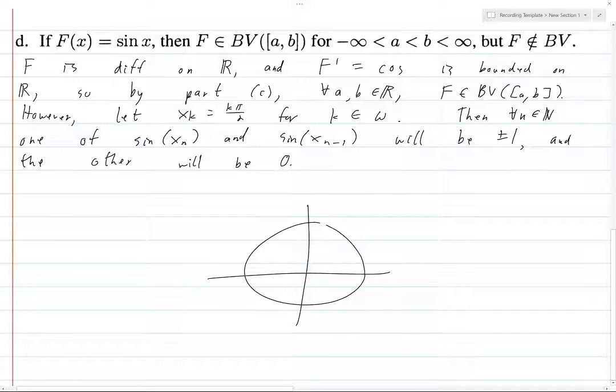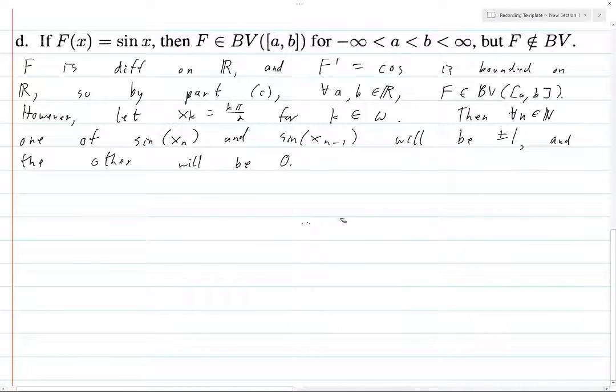So we're going to start at 0, and here the y-coordinate is 0, so sine is 0, then 1, 0, minus 1, 0, 1, 0, minus 1. We're going to keep going around. And so if you pick any two adjacent ones, like x_n and x_{n-1}, one will be on the x-axis, and one will be either at the top or bottom. And so basically that's why I'm saying that one of these two values will be plus or minus 1 and the other will be 0.